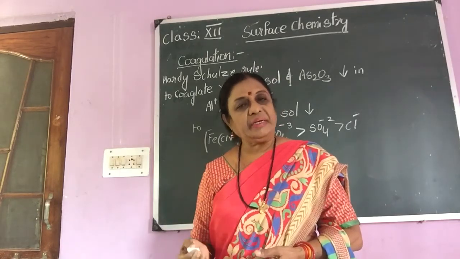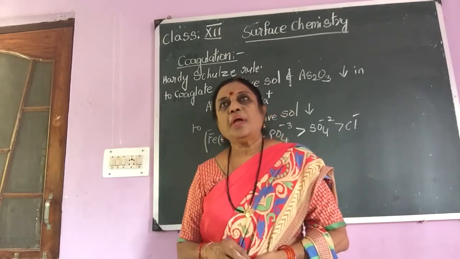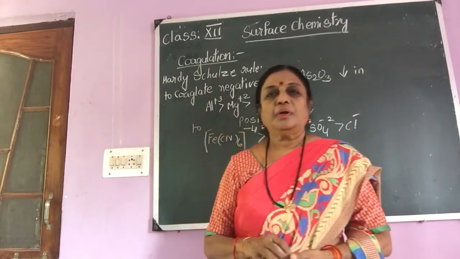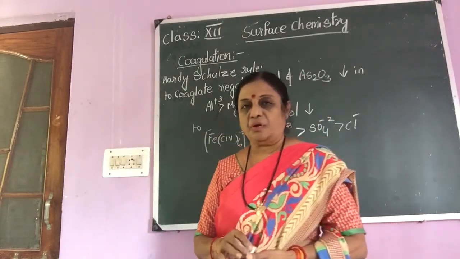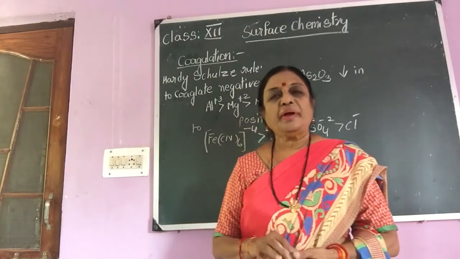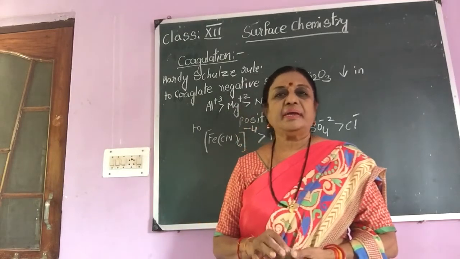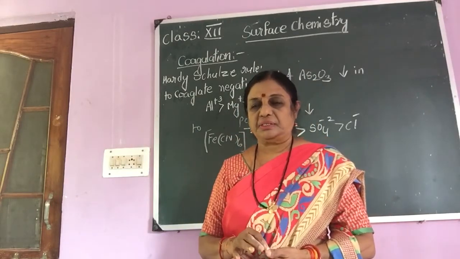So how will you define technical terms? Coagulation may be defined as to bring about the conversion of colloidal solution into precipitate by the addition of suitable electrolyte. I'll repeat.